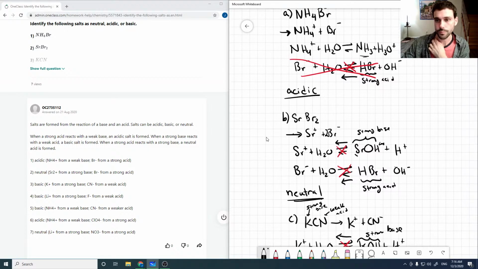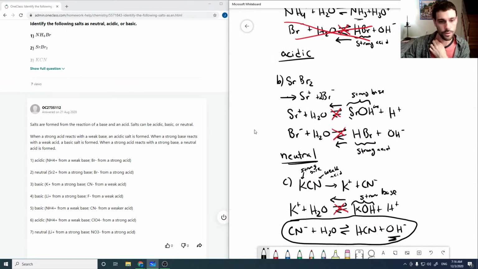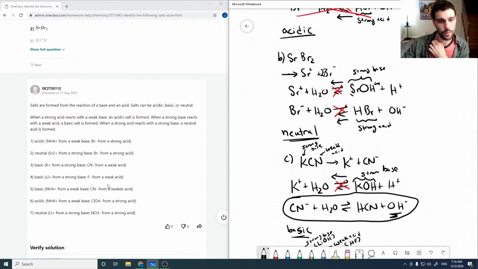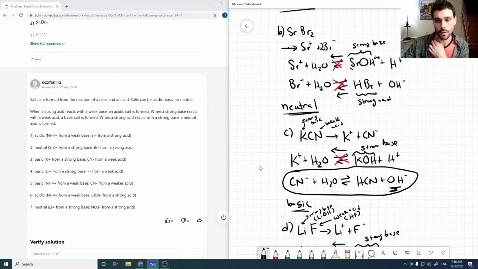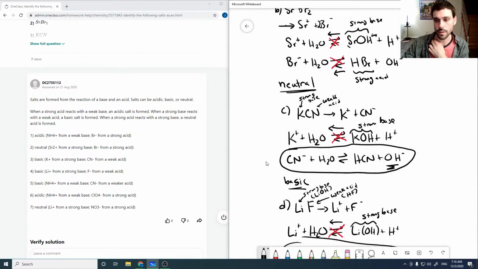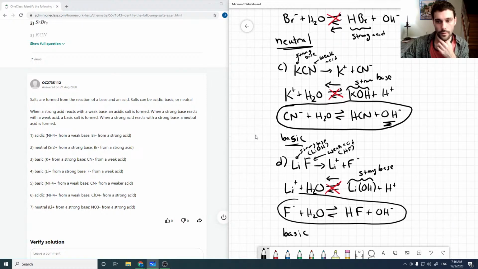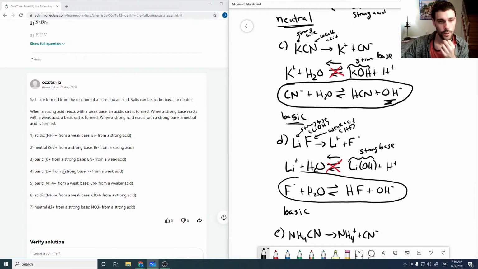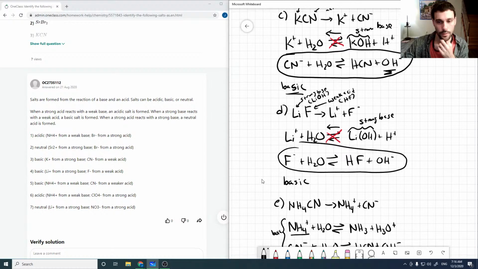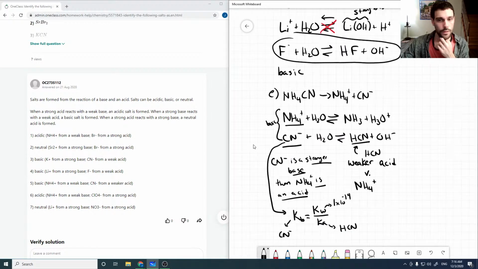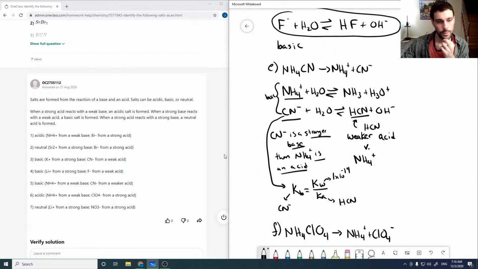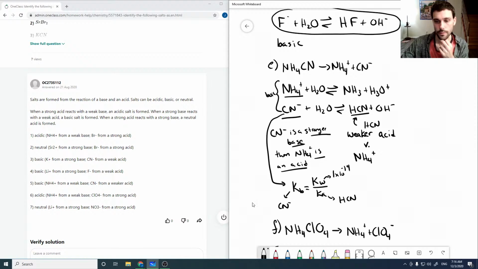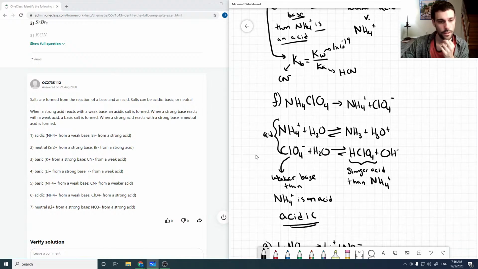The second one is neutral because they're both strong acid, strong base. The third one will be basic. The fourth one will be basic. The fifth one, which was the competition between the two, is basic. The sixth one, which again is a competition.